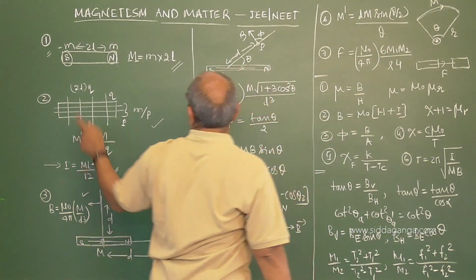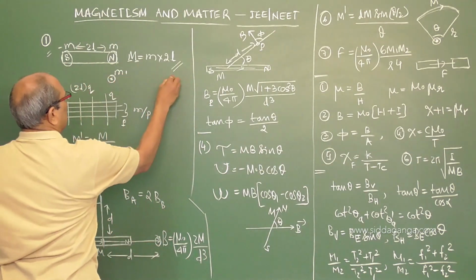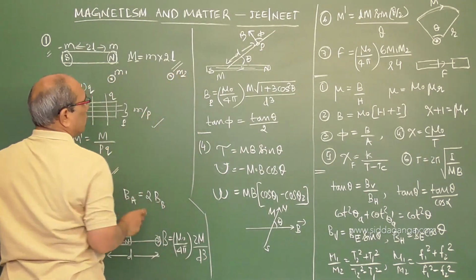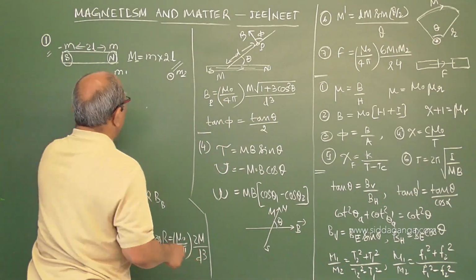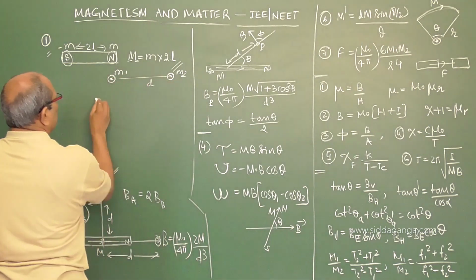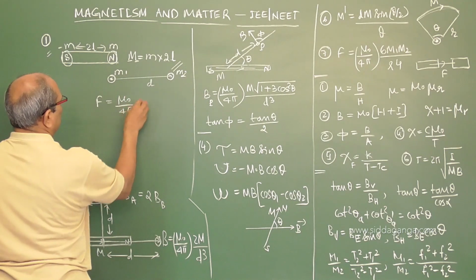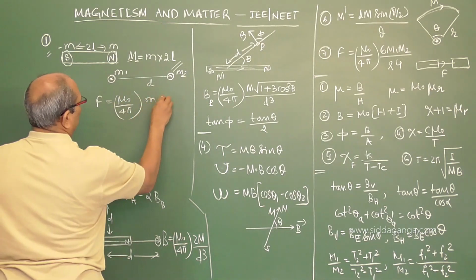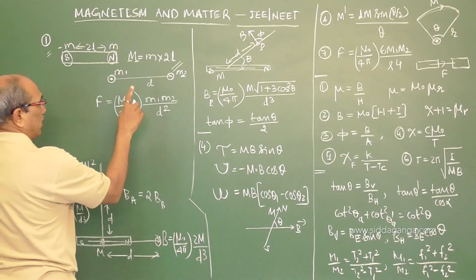Here you know the force between two magnetic poles. M1 and M2 are the two pole pieces, separately and independently, if you imagine, and you have the separation as d. Then the force of attraction or repulsion is given by this equation: mu naught upon 4 pi, M1 M2 by d square, if it is in air or vacuum.